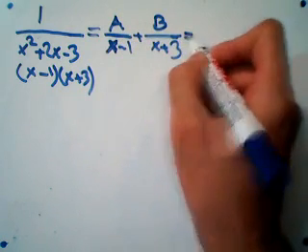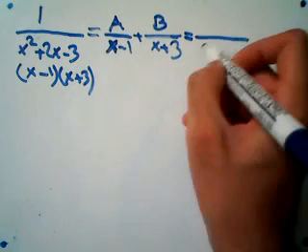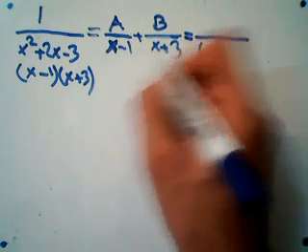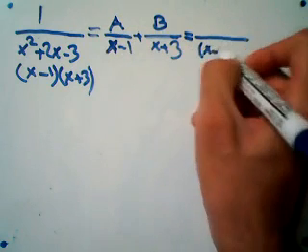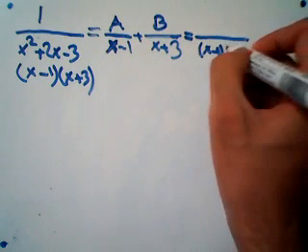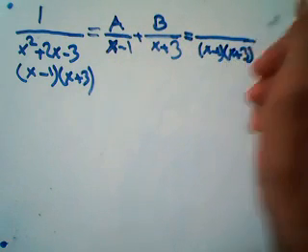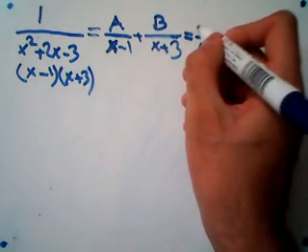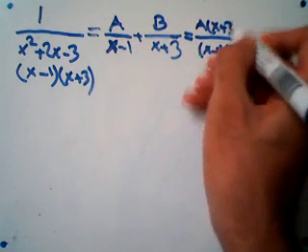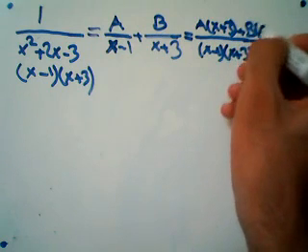We should add these two. There is no common factor between them, so their least common multiple would be this, x -1 times x plus 3, and above we got a times x plus 3 plus b times x minus 1.